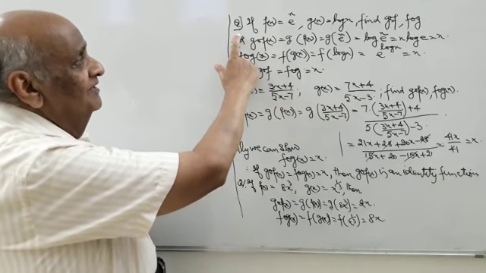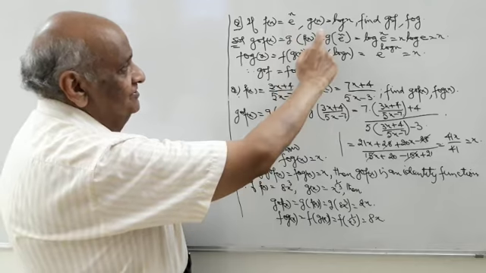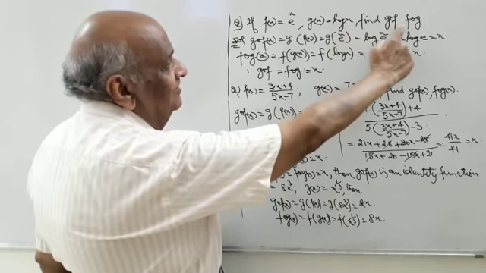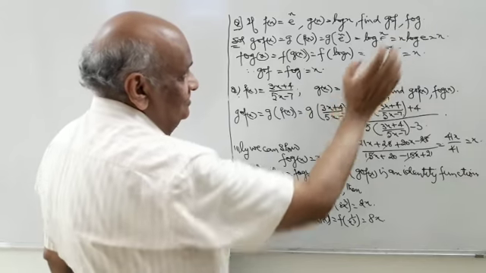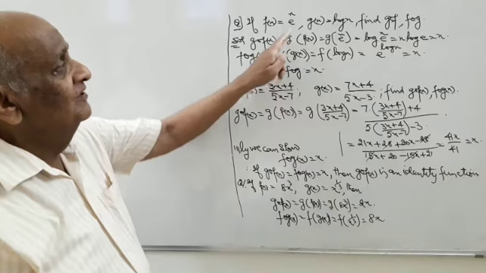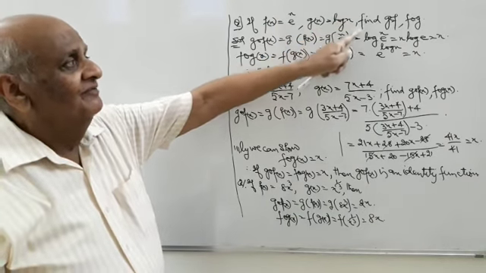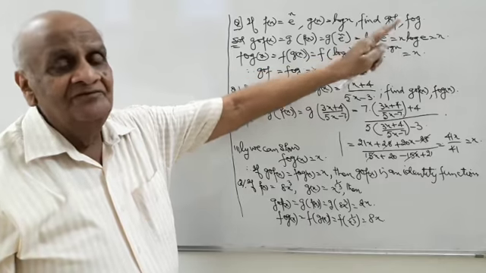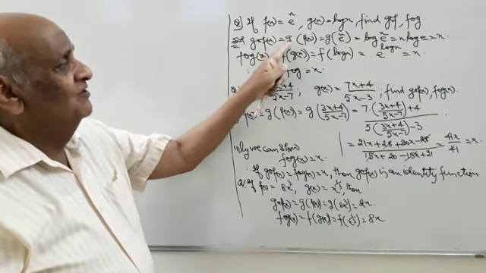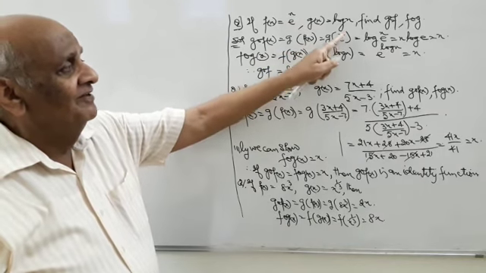Please note down. If f(x) is equal to e to the power x, g(x) is log x, find g circle f, f circle g. Look, g circle f(x), g of f(x), g of e to the power x.